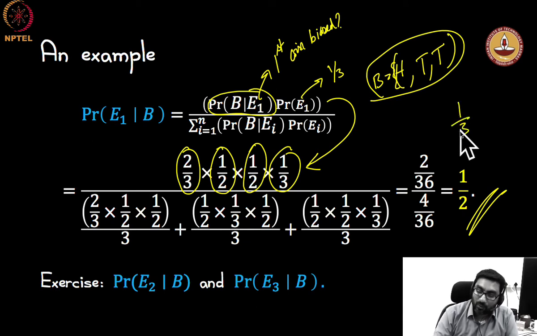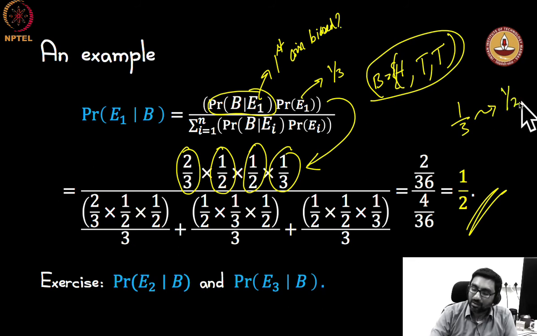From 1/3, which was our prior probability that the first coin is biased, noting that that was the only coin that showed up heads, we have been able to update our understanding to say that look, it's more likely that the first coin is the biased one. We cannot say deterministically. We're still not far from being sure about it, but certainly our belief that the first coin is the biased coin has been bumped up, and it's gone to about a half.